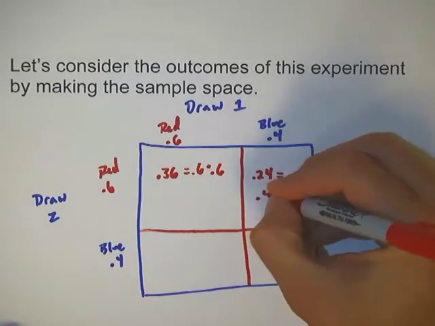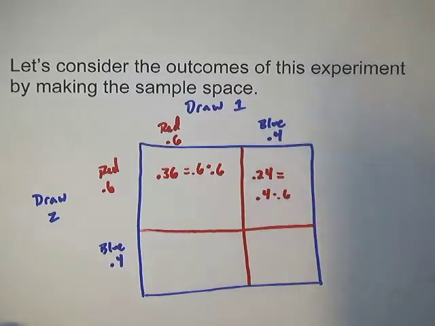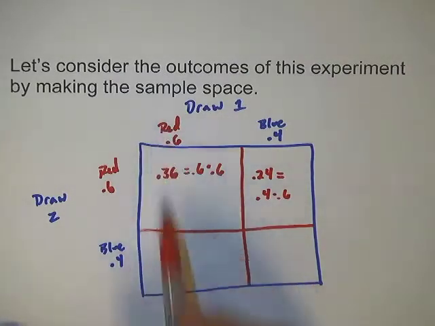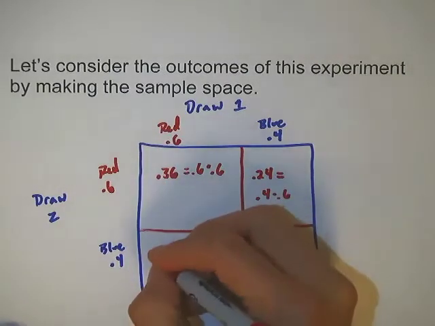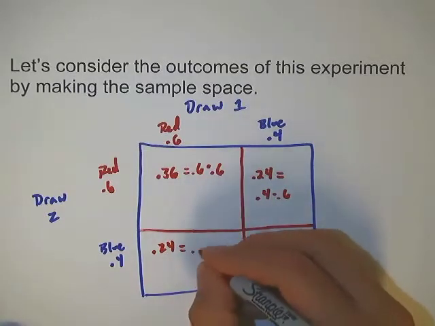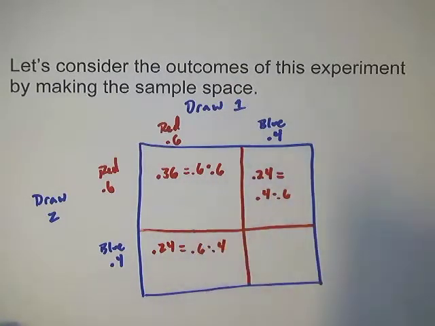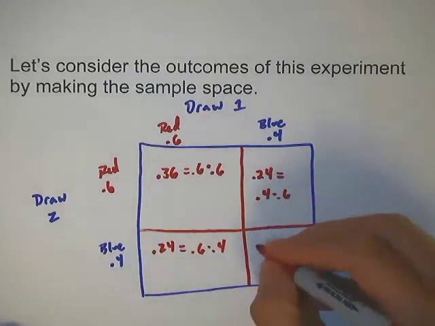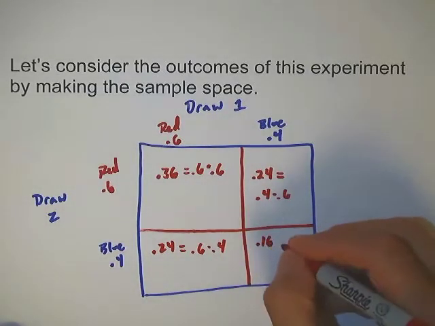Down here, a red first and then a blue, that probability is the same as a blue then a red. I'll just write it as 0.6 times 0.4. And then a blue and a blue is 0.16.